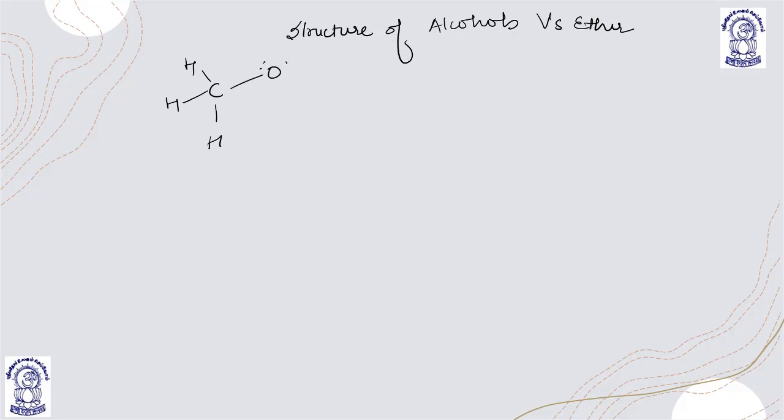Now, when we talk about the structure and bond angle of alcohols, phenols and ethers: in case of methanol, the bond angle is slightly less than the tetrahedral angle, that is 109 degrees.